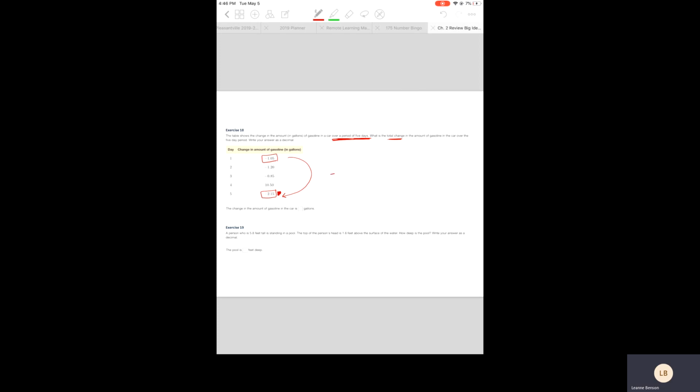So I'm going to subtract negative 2.15 minus negative 1.05. Again, don't forget, if you have a subtraction and a negative, that becomes plus plus. So I have negative 2.15 plus 1.05. Okay, this goes back to that trick. 2.15 is bigger, so I know my answer is going to be negative.